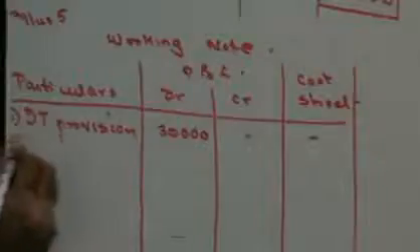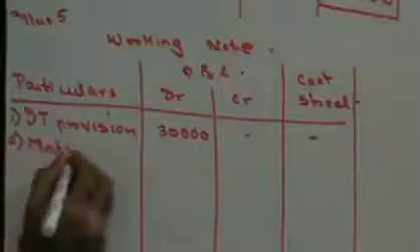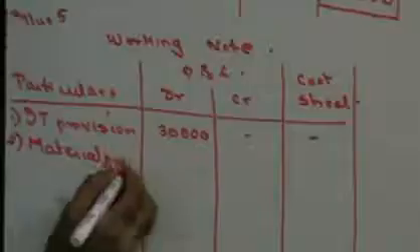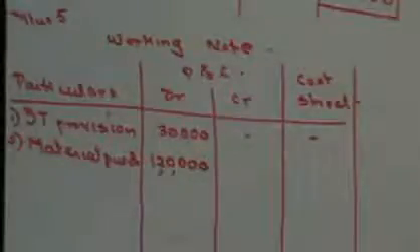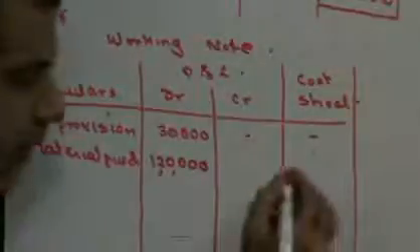So this is going to be material purchase, 1,20,000. How did we get 1,20,000? He multiplied 5,000 by 24. That's how we got 1,20,000. Whereas in finance it was recorded at an actual cost of 22. So 5,000 into 22, 1,10,000.